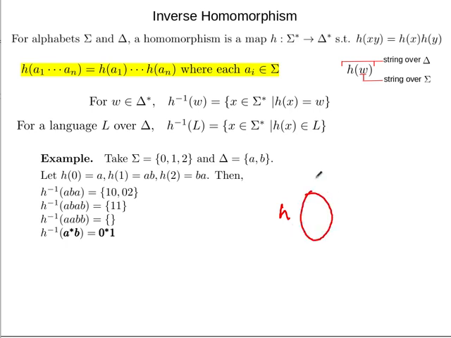So you have this sigma star, and this is mapping to delta star. So you can have multiple strings here which map to the same string. So if you take the inverse of, say, just this w here, you can get multiple answers here. If you take the inverse of something which is not the image of anything here, then you get phi, right?